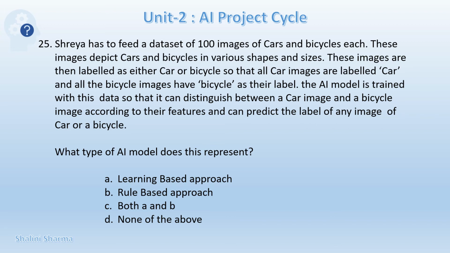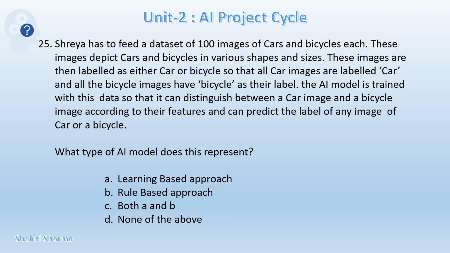The artificial intelligence model is trained with this data so that it can distinguish between a car image and a bicycle image according to their features and can predict the label of any image of a car or a bicycle. What type of AI model does this represent?